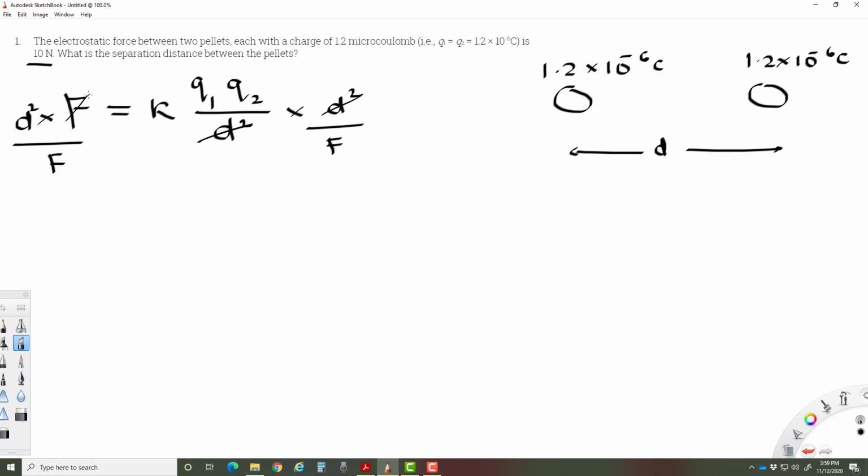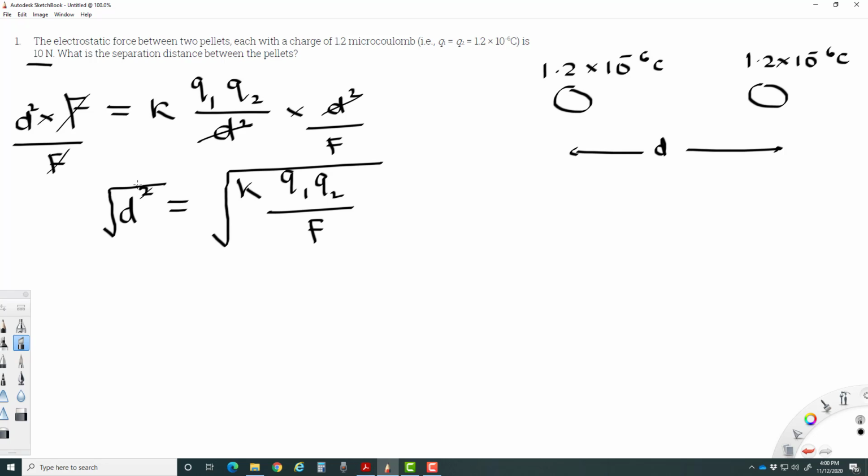So now I cancel F and F, so we are left with d squared on the left, and on the right we have k q1 q2 over F. Then in order to get d, because we have d squared here, I can take the square root on both sides.